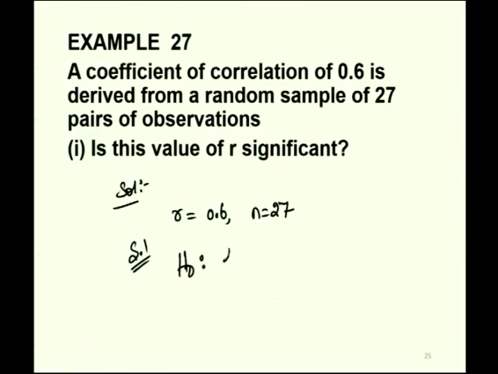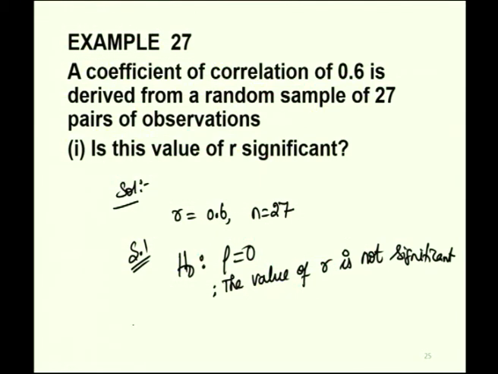Because you are asked to verify whether the value of R is significant, set up H naught: rho is equal to 0, that is, the population is uncorrelated, whereas the value of R is not significant.